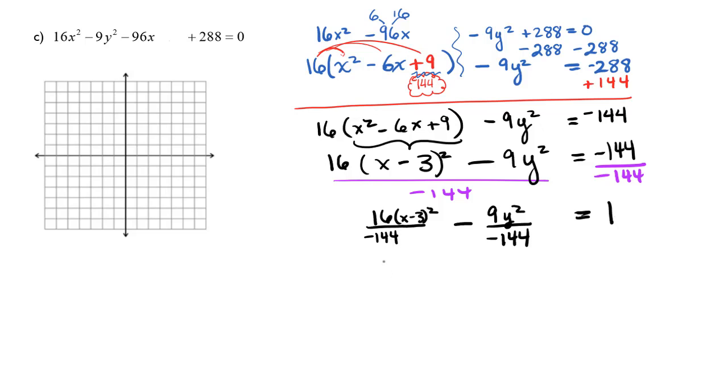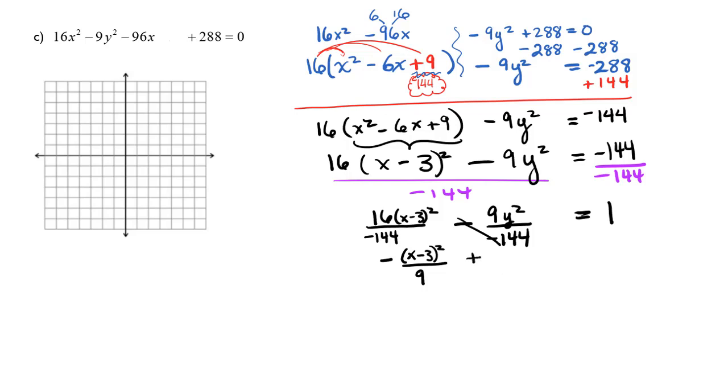This will reduce to negative (x - 3)² over 9. And the second one, the 9y² over negative 144, is going to become a positive. Those negatives are going to simplify out, and 9 and 144 reduce. I just have a 16 in the denominator.